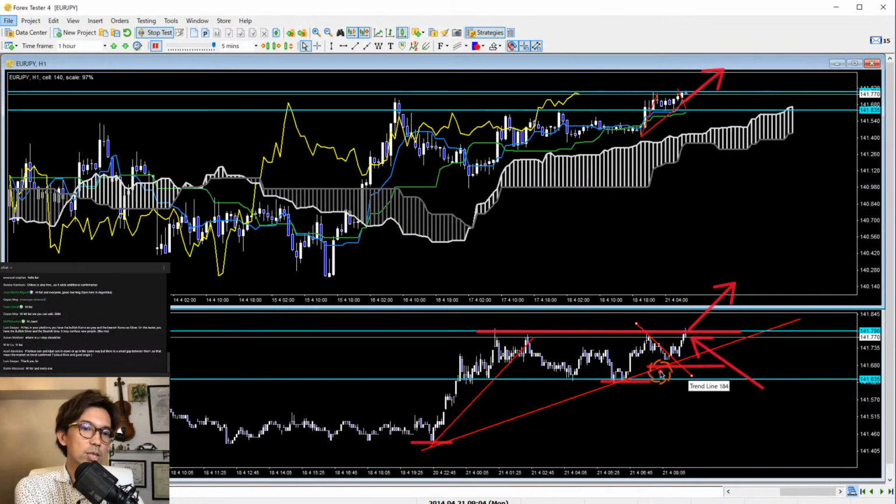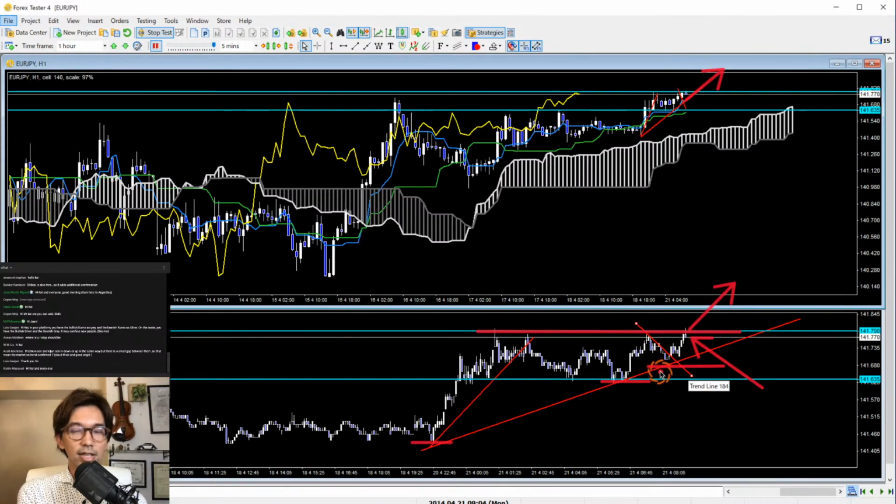As long as Kijun-sen is moving up, that is a good confirmation for the uptrend. And if the price is above the Tenkan-sen, then it is bullish in the short term also. In mid term and long term, it's bullish. So I don't really look at the gap between Tenkan-sen and Kijun-sen.